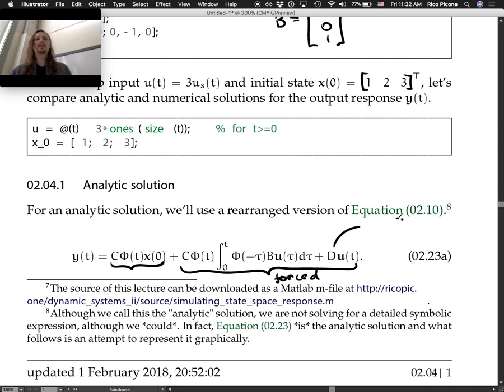Our D is 0, so this is just gone. So really we just have this integration. In order to compute this, you have to know phi, but you also have to do this integration. And that's the trickiest part.